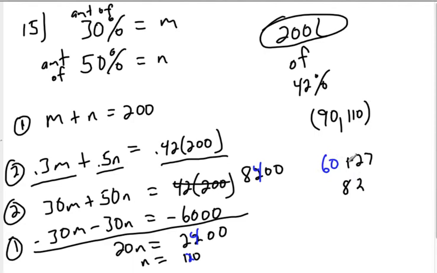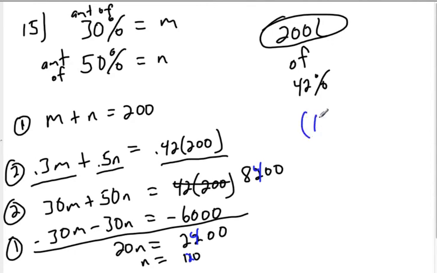Sorry, this is taking a while, but I figured out what all happened here. So I'm just going to erase. So we were pretty correct. We were close. So N equals 120, which would make M equal to 80.